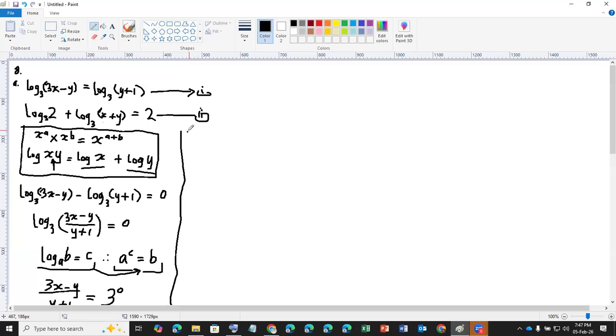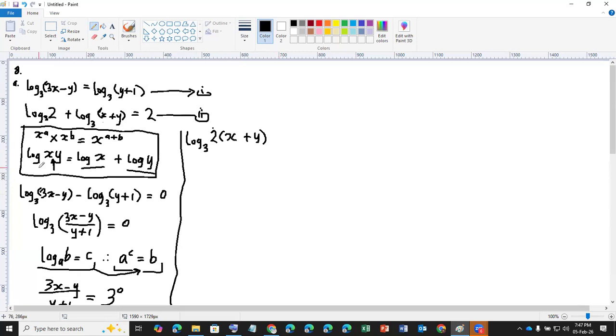So what you have in that second one is actually the same thing as log to base 3 of 2 times (x plus 1). Because remember what we said about that law, it's still there: 2 into x plus y.